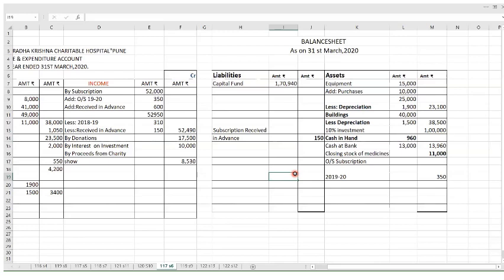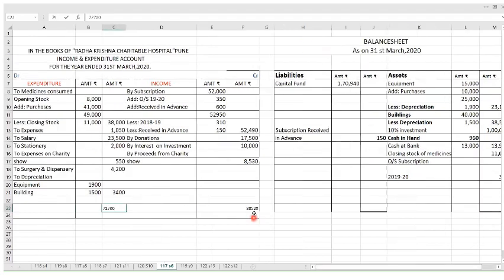Now we're going to take the total of income and expenditure account. The total of income side, if we take the total, is 88,520, and the total of expenditure is 72,700.